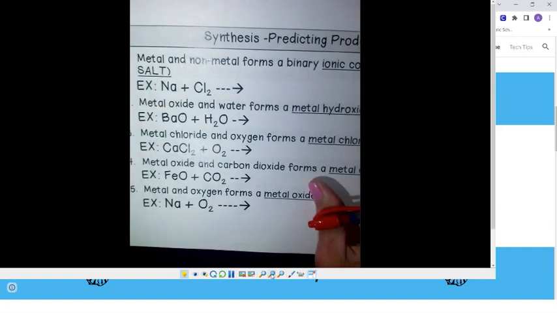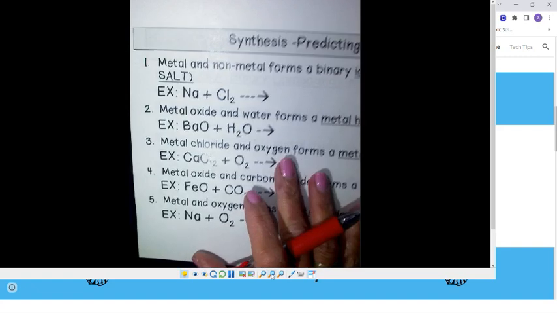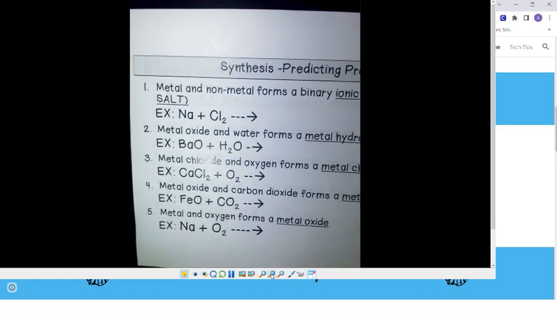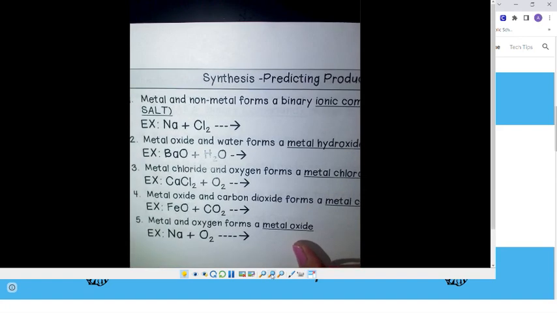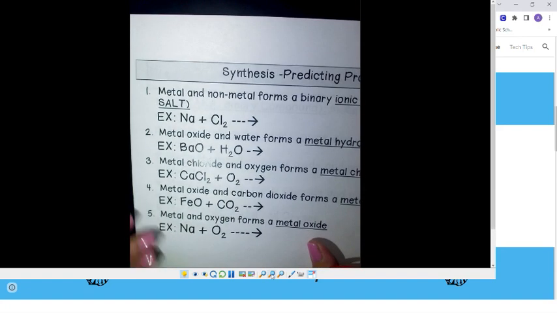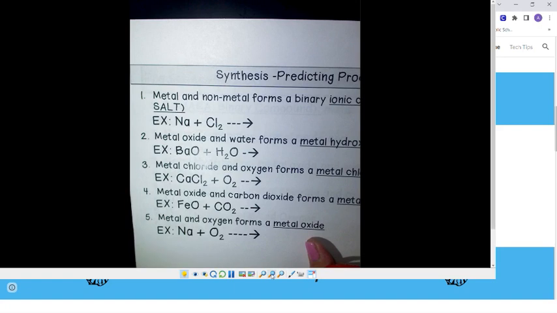Okay, so next one, let's look at synthesis or composition, whatever you prefer to call it. Okay, so I'm gonna start slow. There's 5 types of synthesis reactions we're gonna look at. There's actually about 8 of them out there, but I just chose 5 that are the most common.